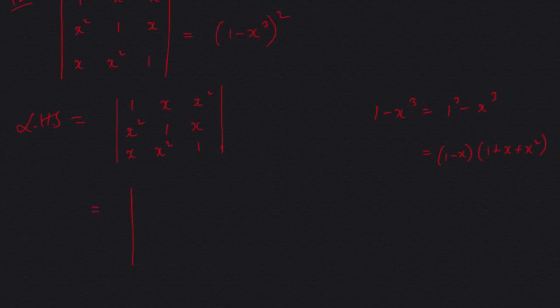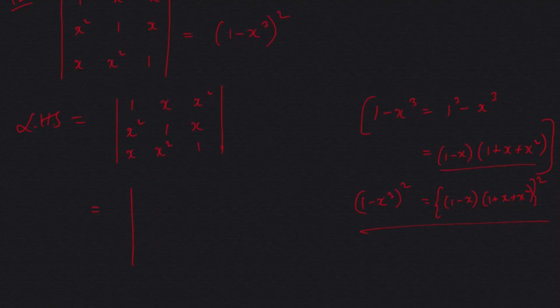So 1 minus x cube whole square will be 1 minus x, 1 plus x plus x square whole square. Most probably we are going to need this. From the proof, that is what we can make out.